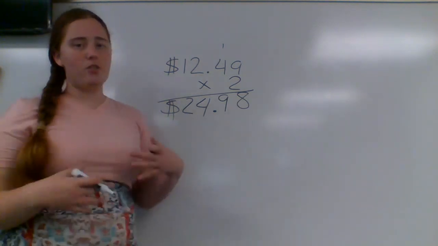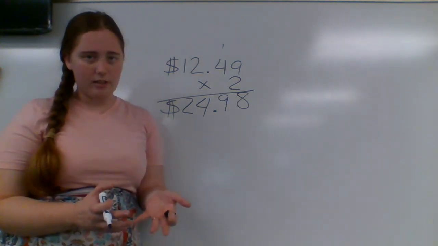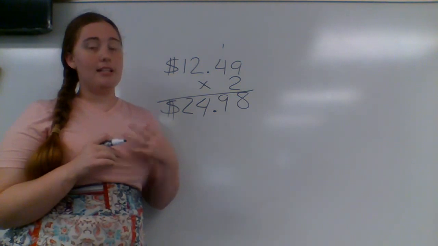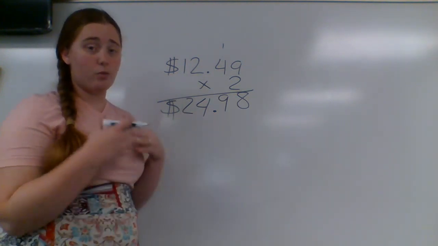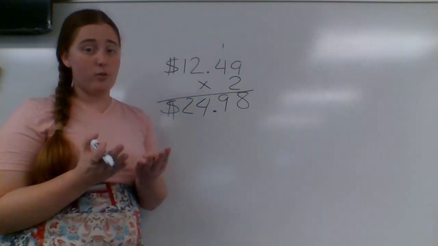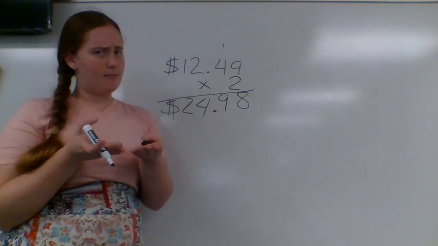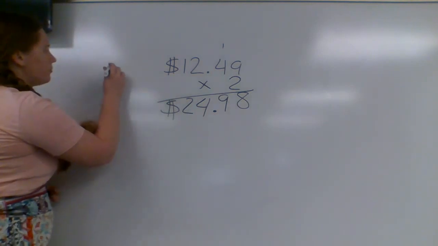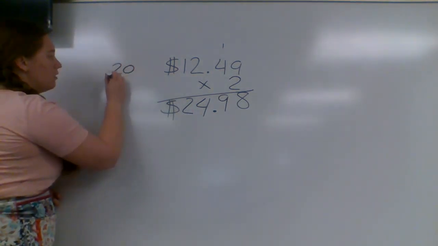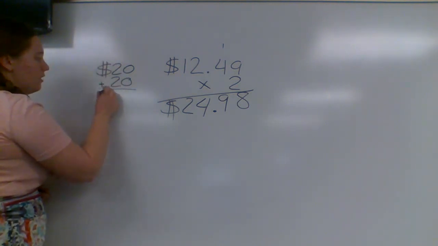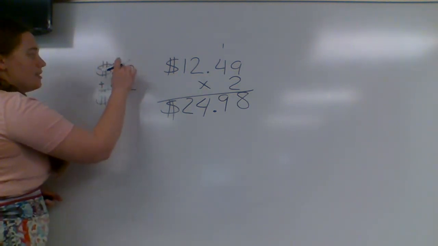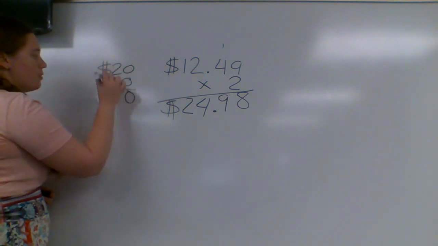Now it says he gave 2 $20 bills. Now, he's not just giving a $20 bill, he's giving 2 $20 bills. So I have $20 plus another $20. What's 20 plus 20? Well, 0 plus 0 is 0. 2 plus 2 is 4.